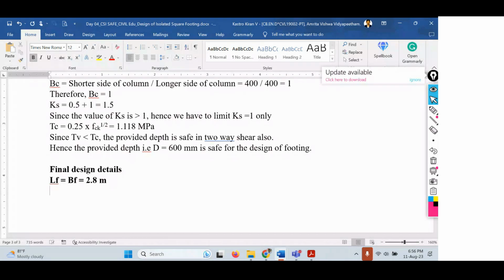And the reinforcement: provide 16 mm diameter bars at a spacing of 150 mm center to center. So this is how you can finalize. That's the entire process of design of an isolated square footing.